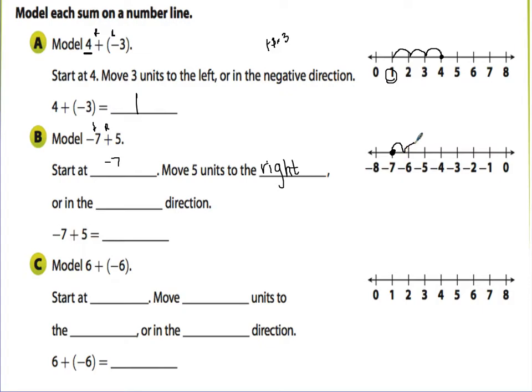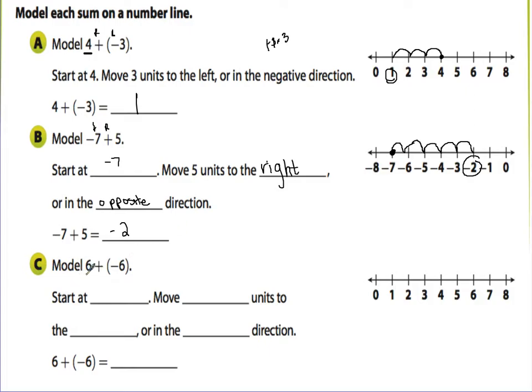So 1, and I apologize, I ran out of space, 2, 3, 4, 5. So in this case, we got to negative 2. Okay, and I forgot this part down here, or in the opposite direction.